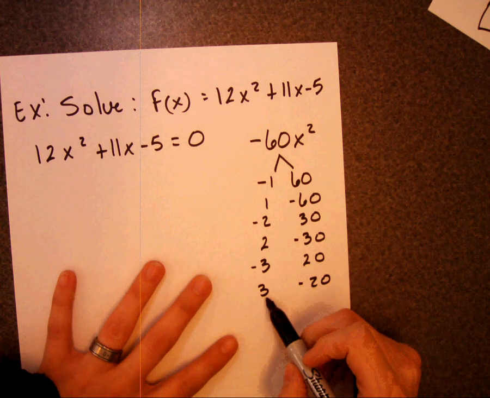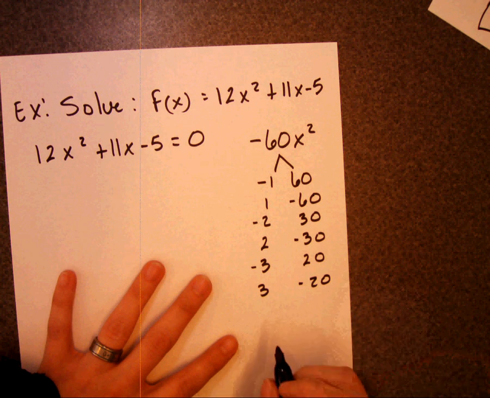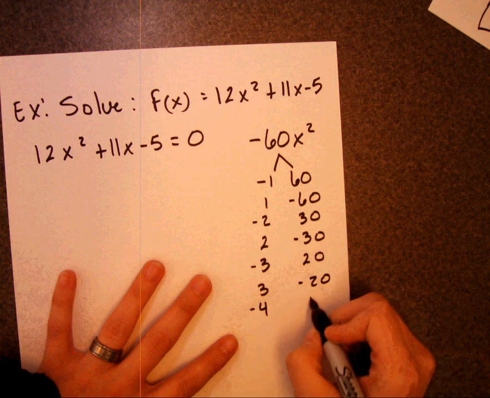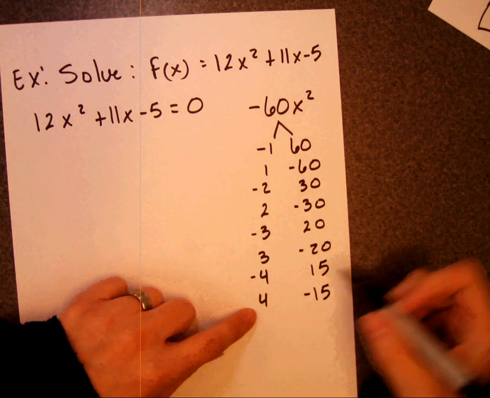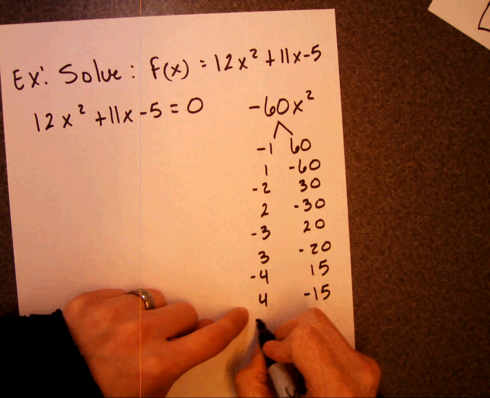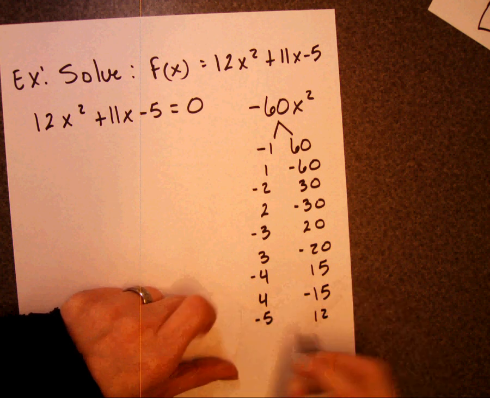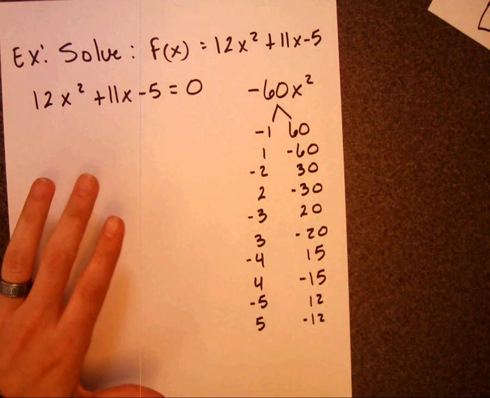So now I'll go to 4. 4 goes into 60 15 times, so I could have negative 4 and 15, or positive 4 and negative 15. Going on, 5 will go into 60, so I could have negative 5 and 12, or 5 and negative 12. I know this is a lot. Some of them get crazy.